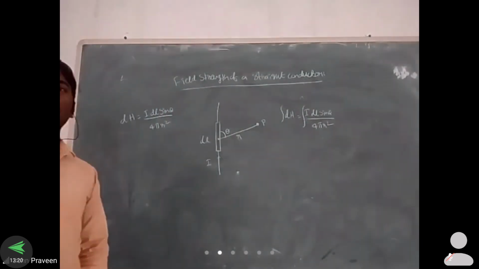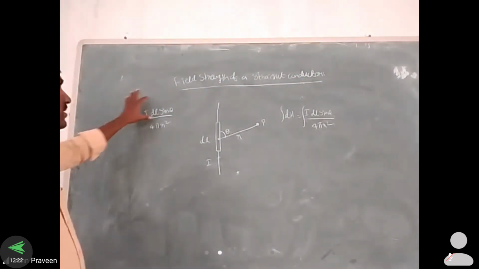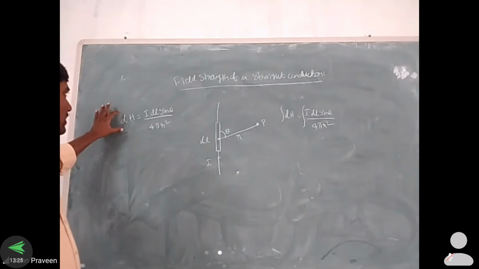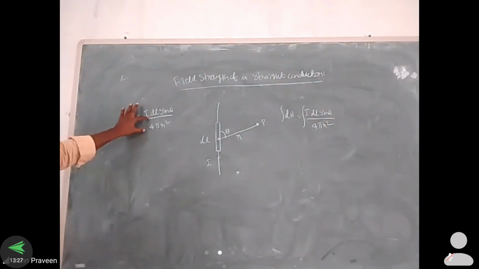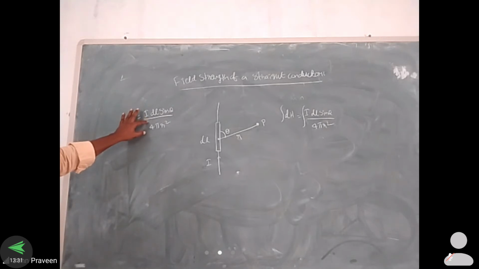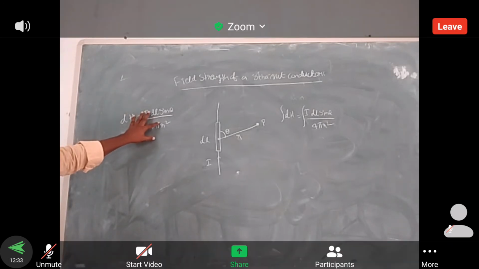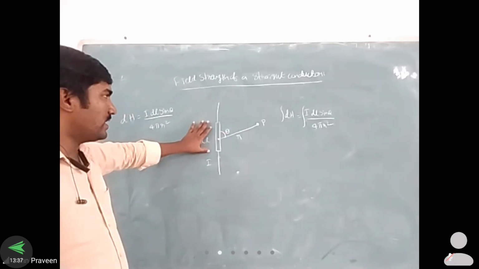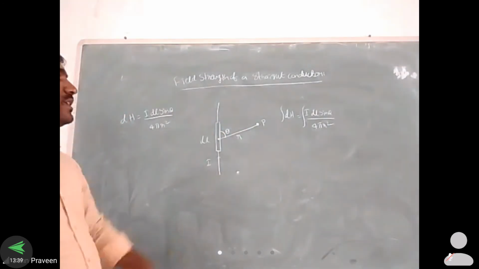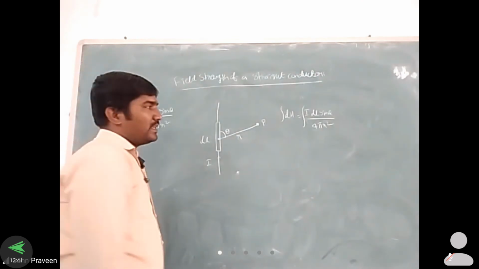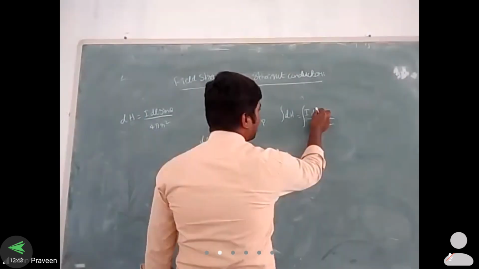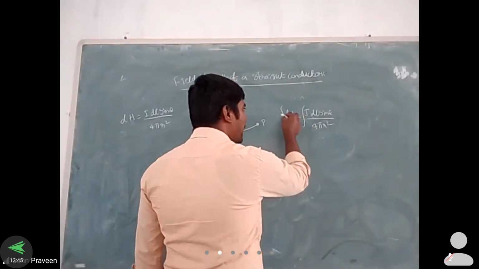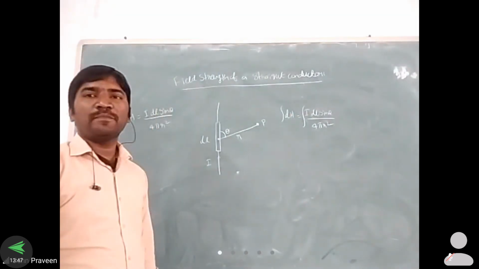Here we already found the field strength equation, dH is equal to I into dl sin theta by 4 pi r square, where L is constant because the length is constant. Because of that reason we remove the dl value, and we apply the integration on both sides.